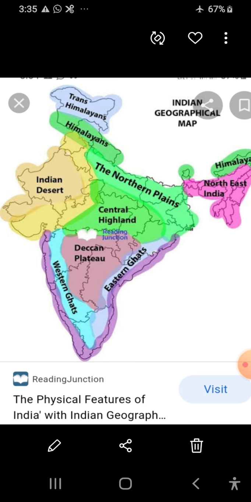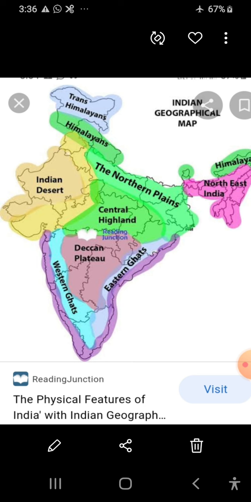Our country shares its border with Pakistan and Afghanistan to the northwest, China, Nepal, and Bhutan to the northeast, and Myanmar and Bangladesh to the east. Sri Lanka and Maldives lie to the south of the country. Yes, and these are all India's neighbors.